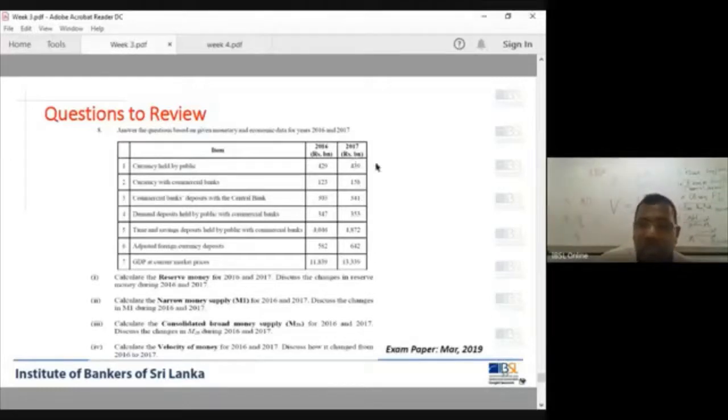So the reserve money for 2017 is 938. So what has happened during these 2 periods? Reserve money has increased from 855 to 938, by 83 billion in absolute terms.